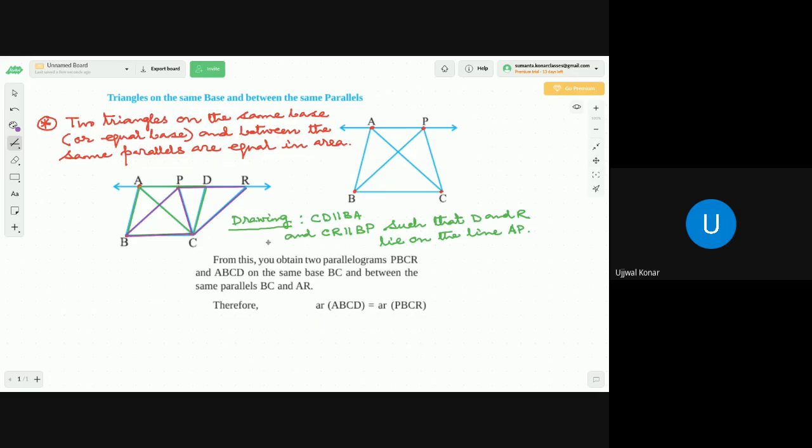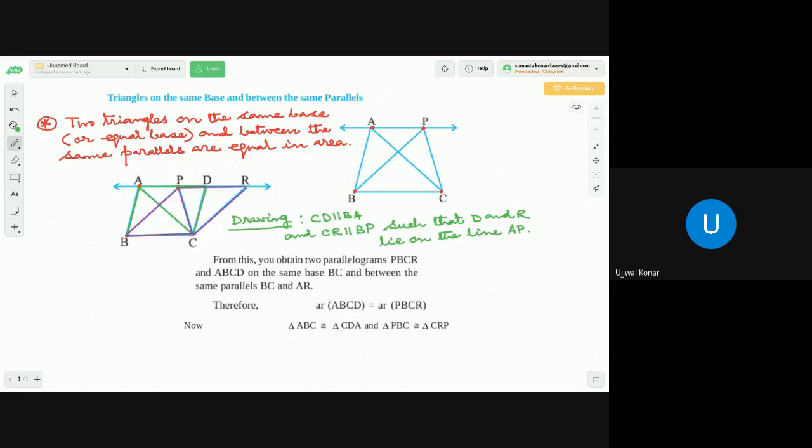Okay, as they are congruent to each other, I just want to write it all down. So what are we going to get, dear students? These triangles ABC, CDA and PBC, CRP are congruent pairs, so their areas should also be equal.